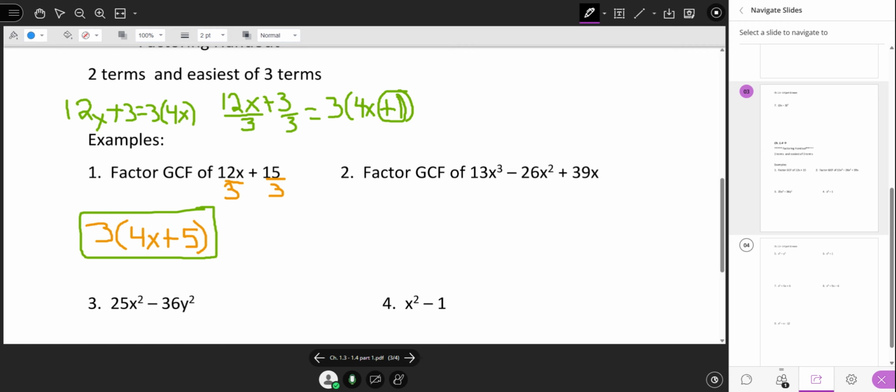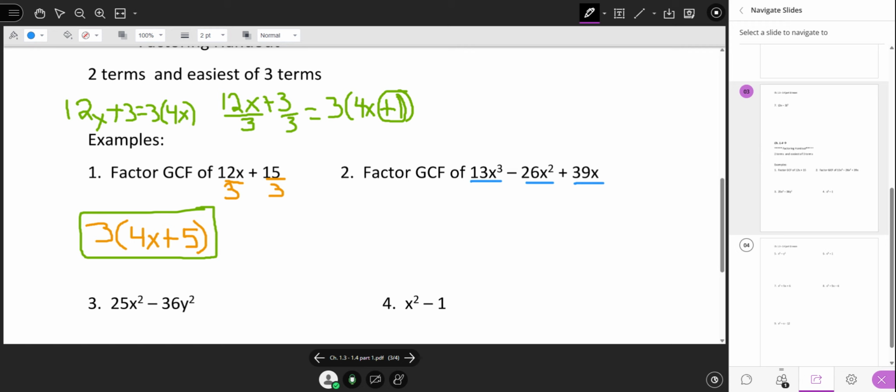So now, in your calculator, if you hit math, arrow to numbers, and then arrow up, you'll see GCD.